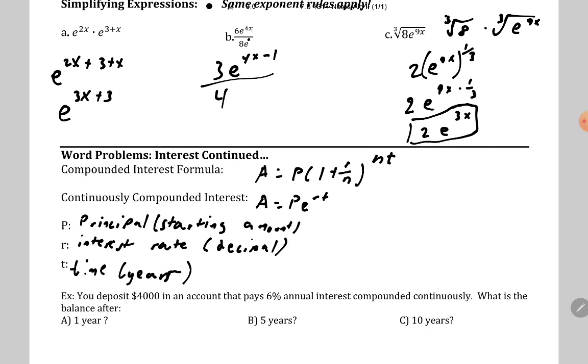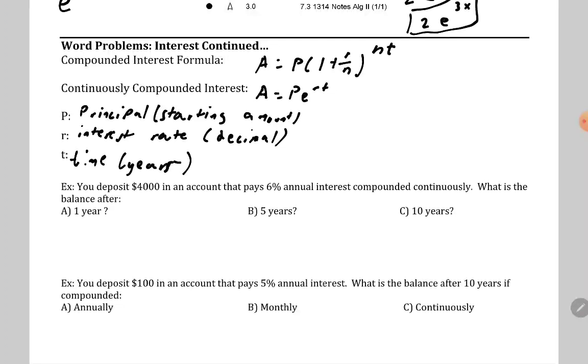So let's go ahead and use this. We have two formulas here. One is our compound interest formula from before, and then there's continuously compounded, where you compound continuously, every day, boom, boom, boom.